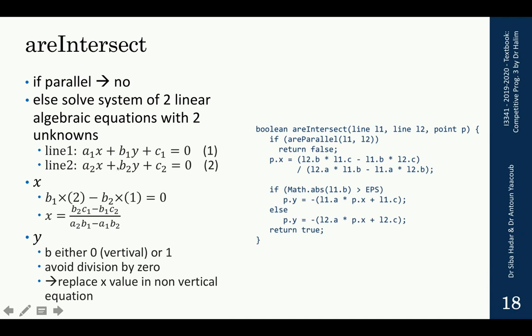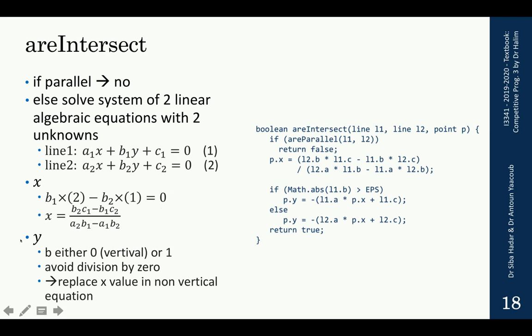In the case one of the lines is vertical, it will have a b that is equal to 0. In this case, it is better for us not to use this equation to obtain y, because we will have a division by 0. In the other case where b is not 0, it will be necessarily 1.